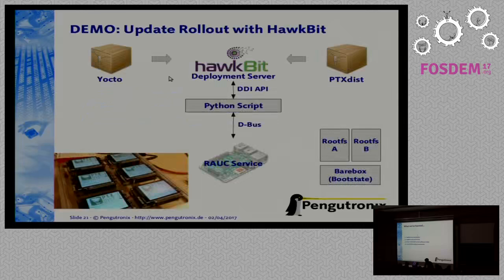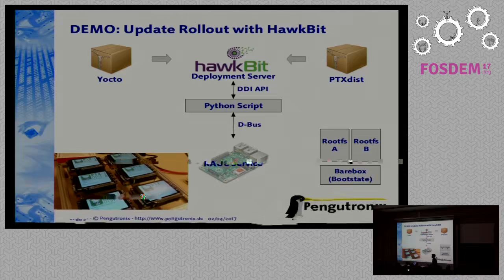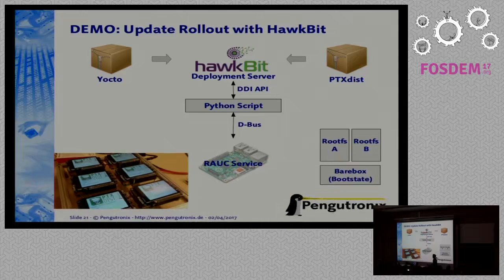I shortly describe the setup. We have currently a PTX-based image running, and these devices here are connected to a Hawkbit software deployment server. And on the devices, the Rauk service is running, and a little Python script that shows these small PTX-dist images.